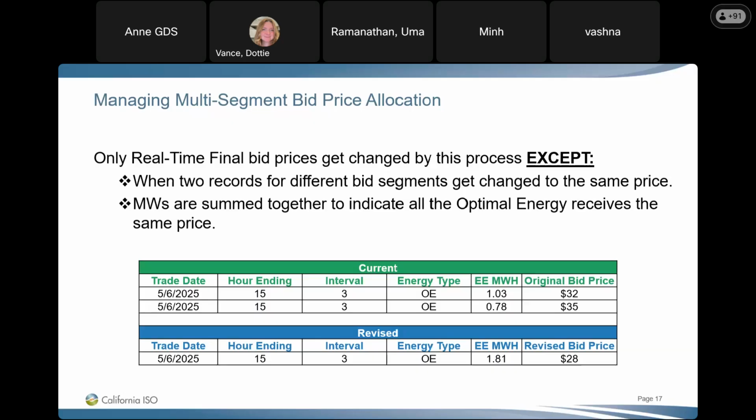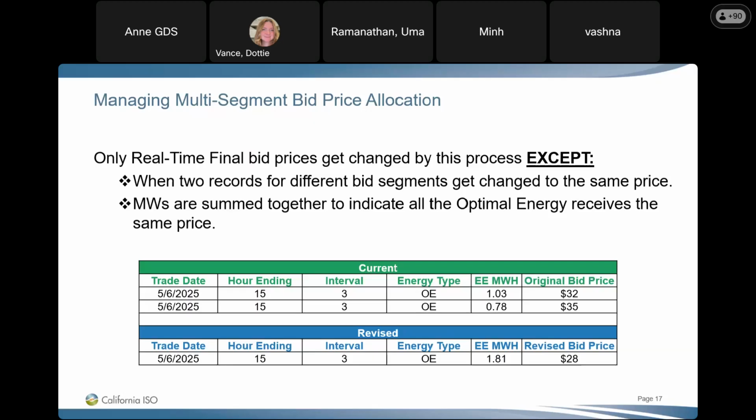So currently, you can see that for trade hour 15, settlement interval 3, the energy type will be optimal energy with different megawatts with different bid prices. So 32 megawatts will be applied for 1.03 megawatt hour, and $35 will be applied for 0.78 megawatt hour.